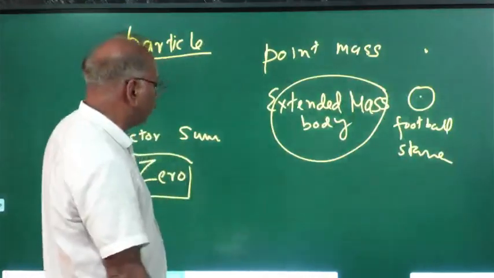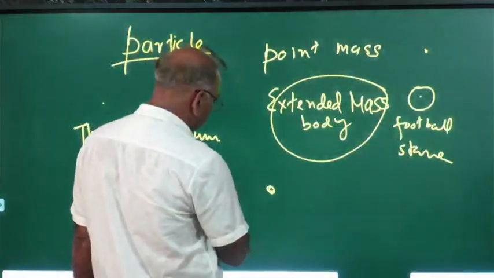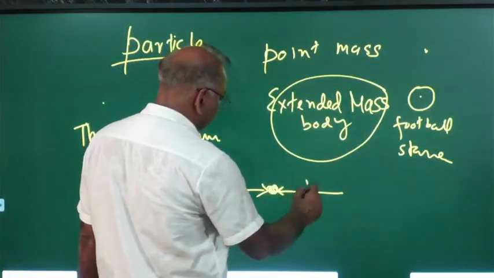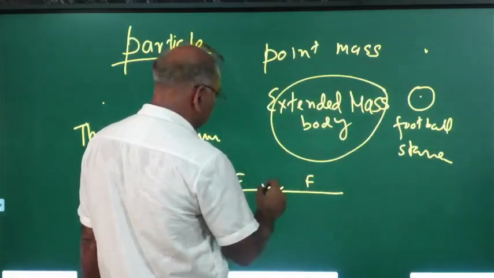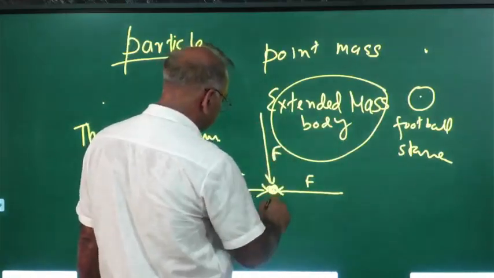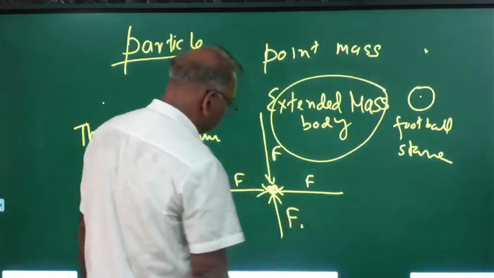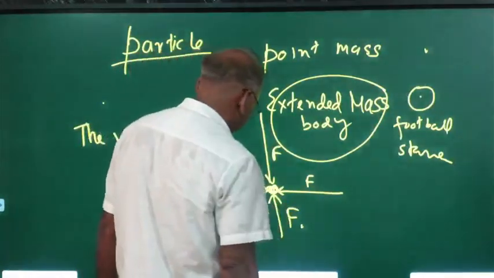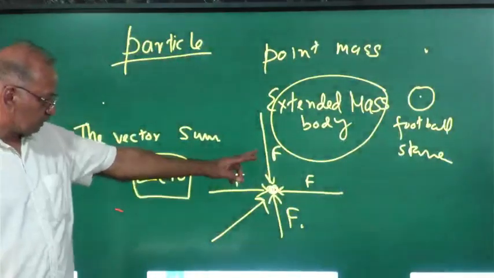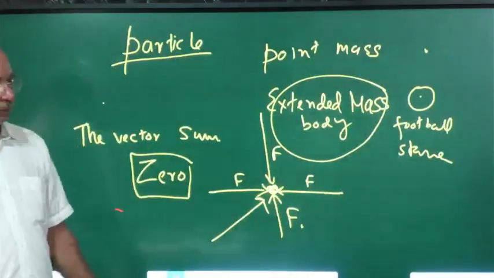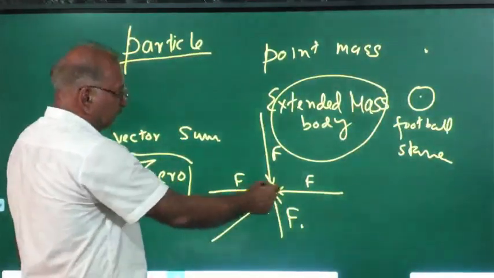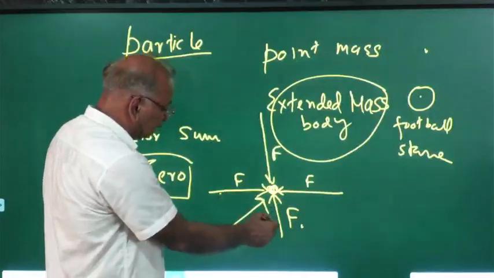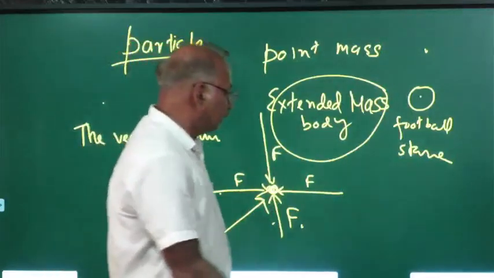if the vector sum of all the forces on a particle is zero. Suppose one particle is there and a force is acting on it, also this force is there, and opposite forces cancel each other. These forces are equal and opposite. This force has no exact counterpart opposite to it, but its components may be resolved in this direction and this direction, and the resultant of all the forces is zero.